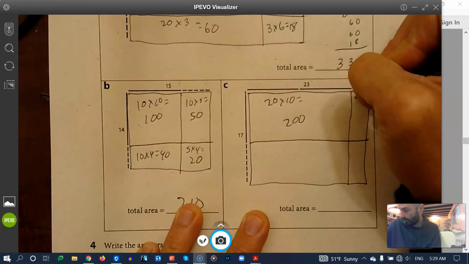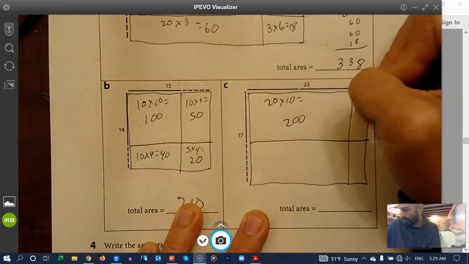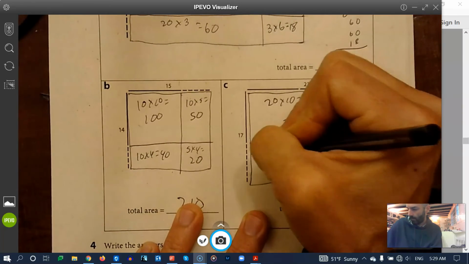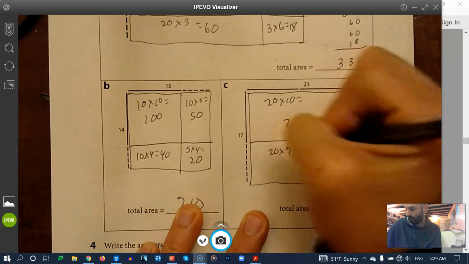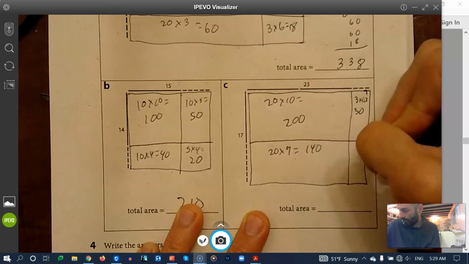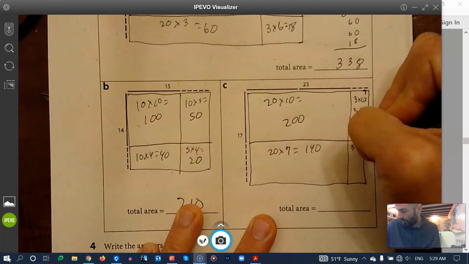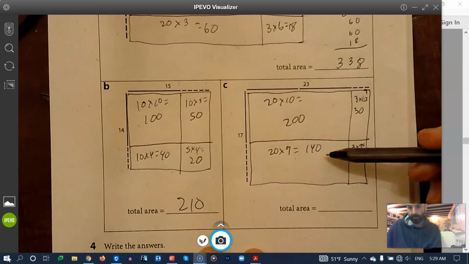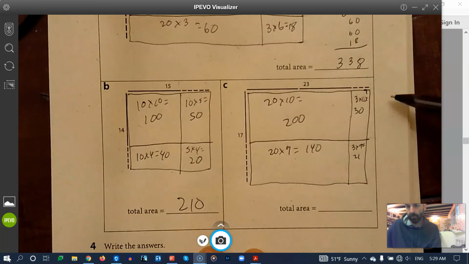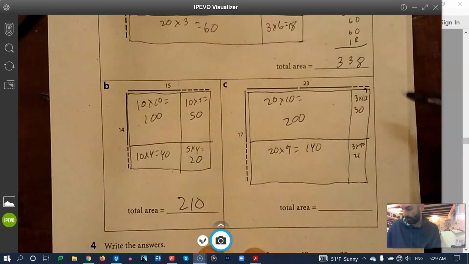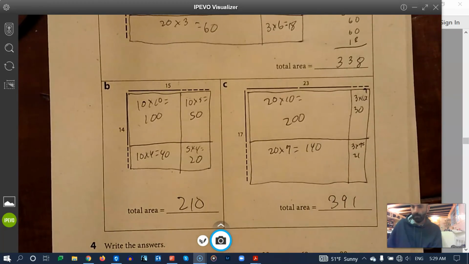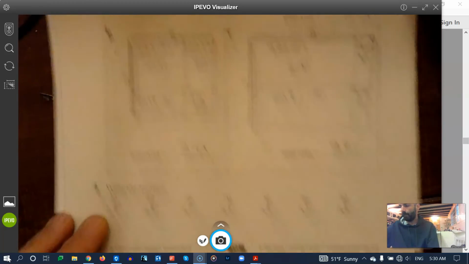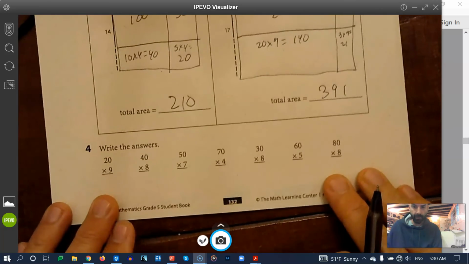This is 3 by 10, which is equal to 30. This is 20 by 7, which is equal to 140. And this is 3 by 7, which is equal to 21. I have 200 plus 140 is 340, plus 30 is 370, plus 21 is 391.